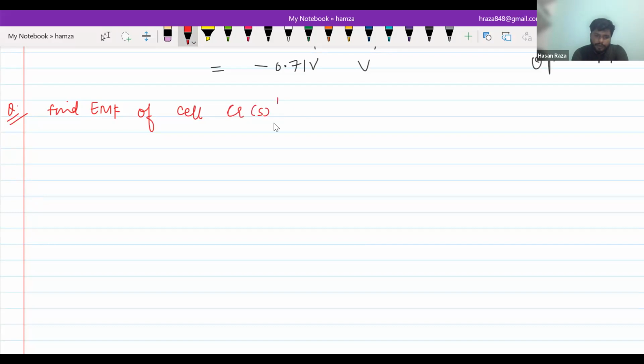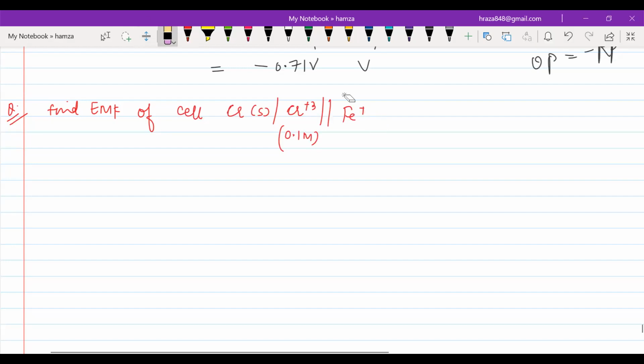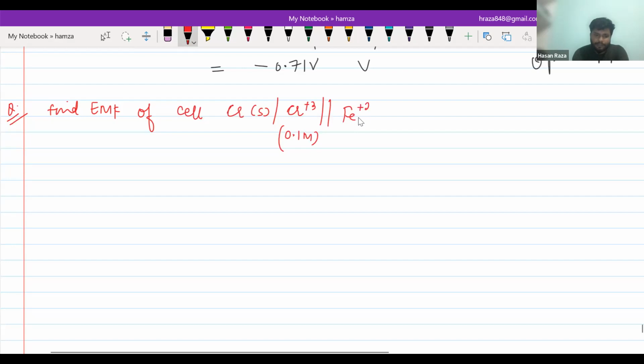Cr in solid slash converting into Cr plus 3, in which it has a concentration 0.1 M, slash Fe plus 2, which has a concentration 0.01 M, slash Fe.